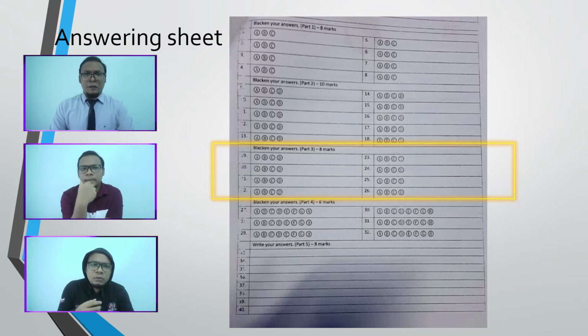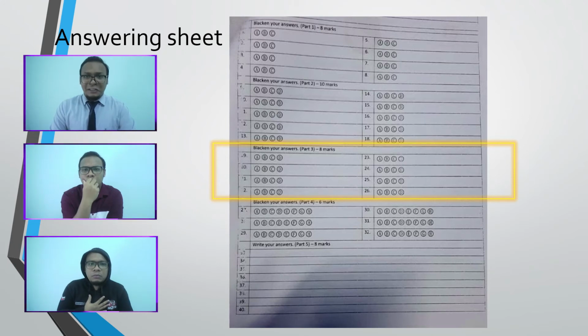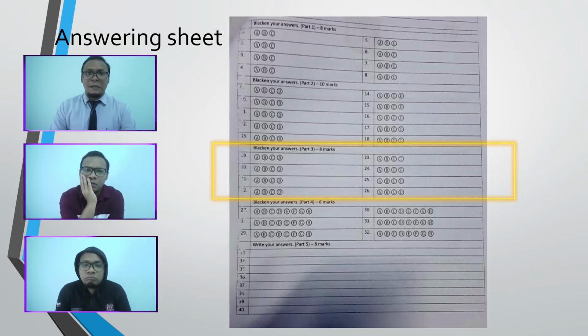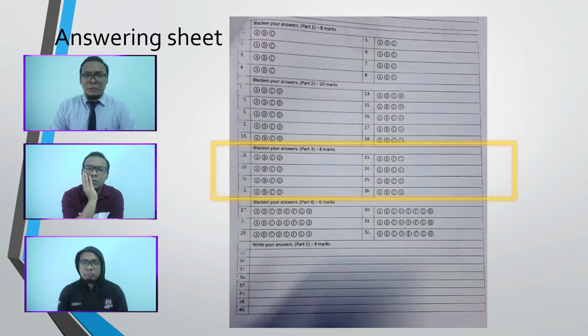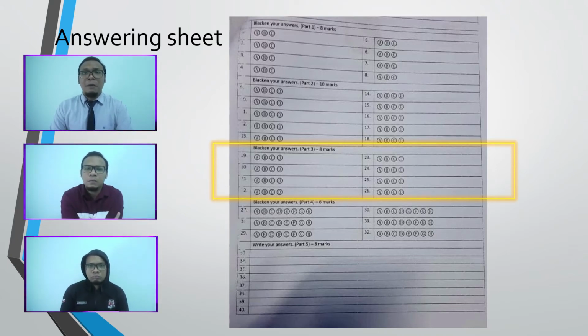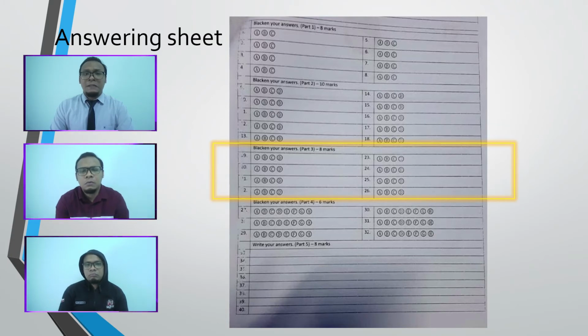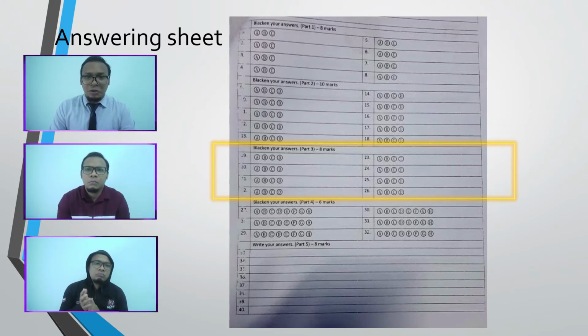It is not the same. You must answer in the answering sheet. Students will usually make this mistake, and this leads to deduction of marks. Please remember not to make this mistake, or it will cost you your precious marks.